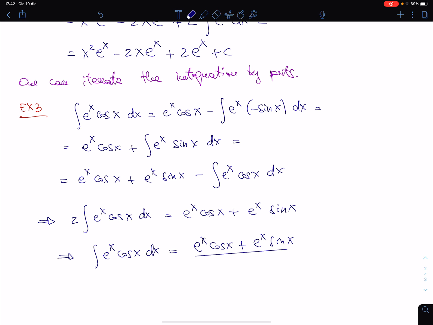Since here we no longer have any integral, let us explicitly write plus c.